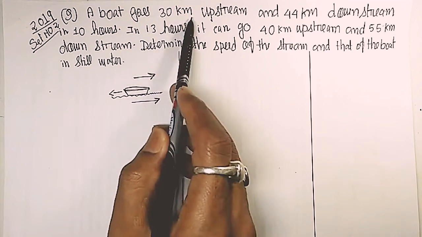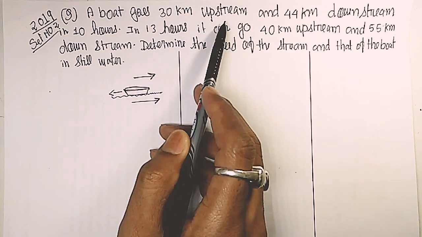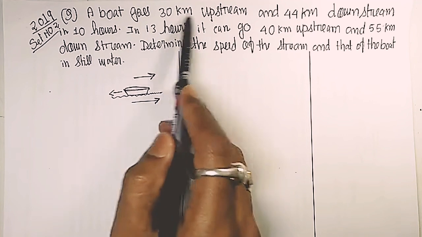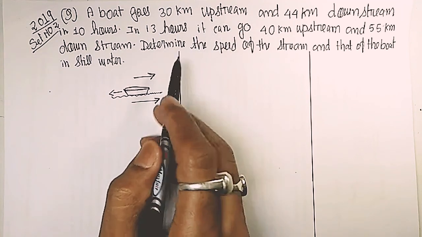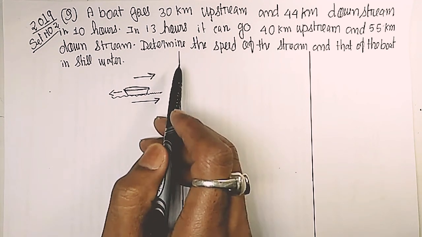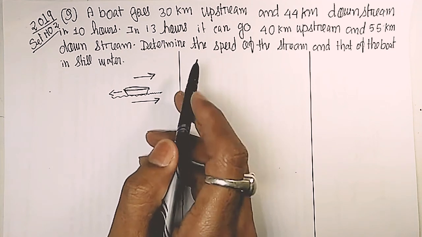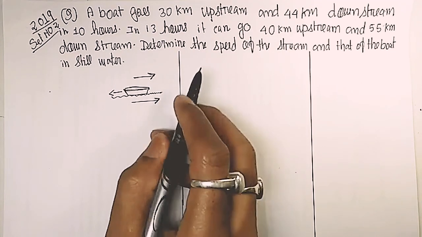A boat goes 30 km upstream. Now when it moves upstream, that means there should be some relative speed. So in science you know how to find out the relative speeds.